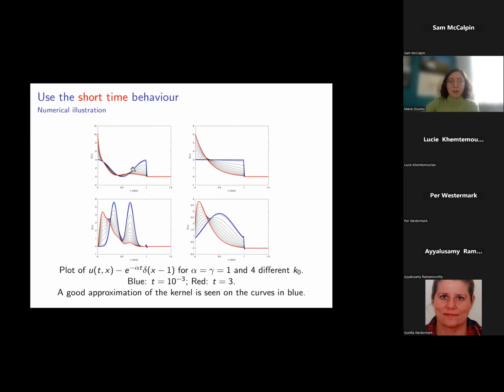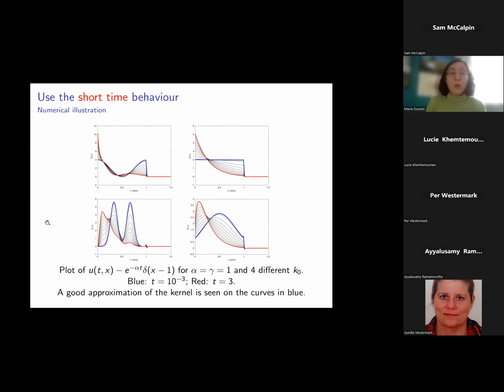And it is expressed by these simulations where you see in red, large time. So in red, it is the asymptotic behavior. And in blue, you see exactly the fragmentation kernel. So it's 4 simulations with 4 different fragmentation kernels. And you see at the very first time, you see exactly the fragmentation kernel appear.